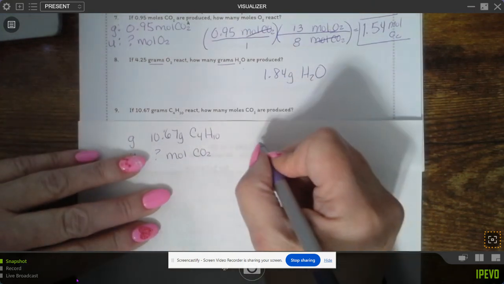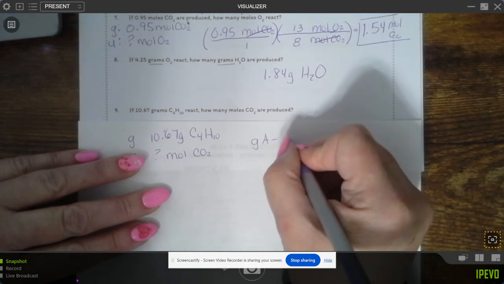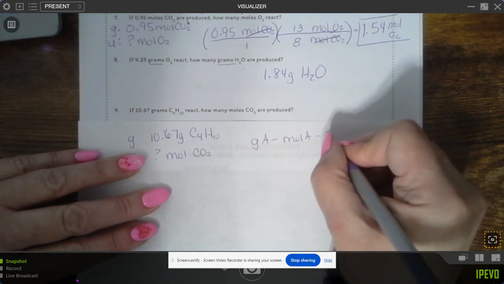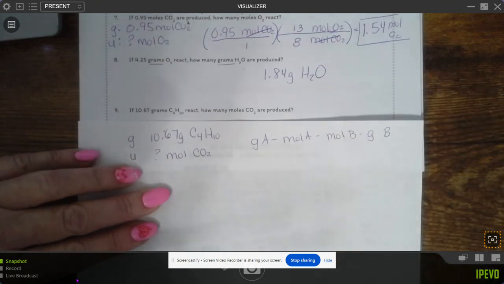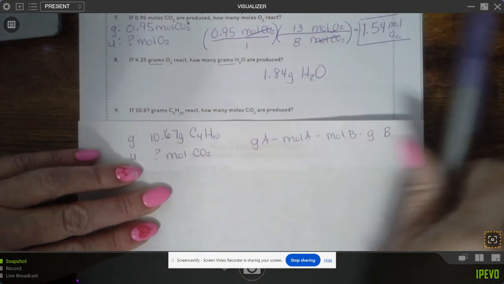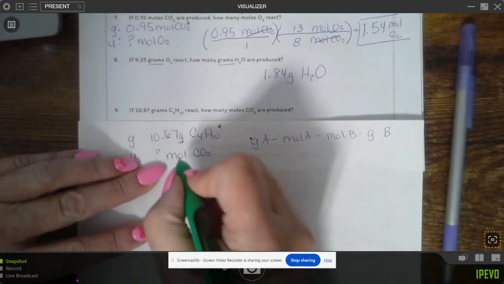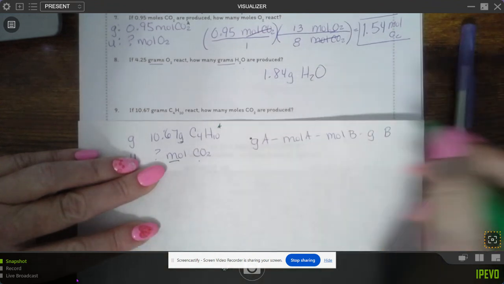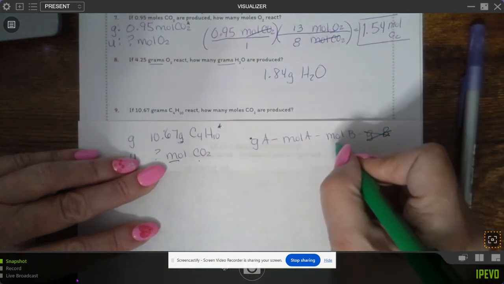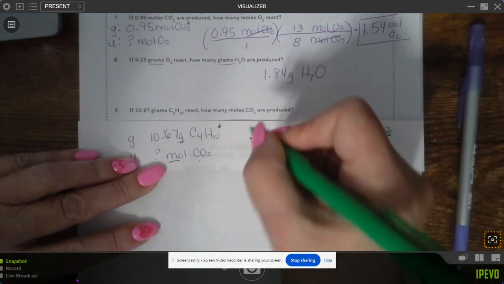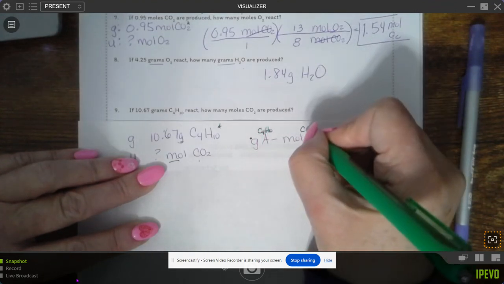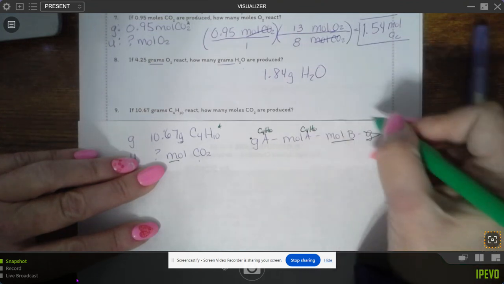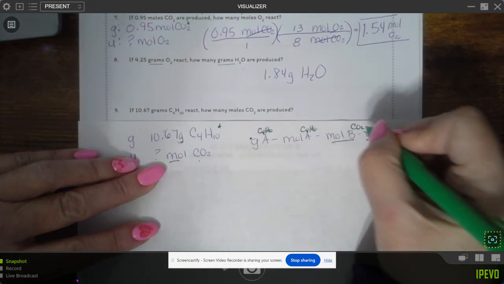All right, if I do my mole map, I've got grams of A, moles of A, moles of B, grams of B. Okay, I'm starting with grams of A. So I'm starting here. I'm ending, though, at moles of CO2. So I don't need to go all the way to grams. I'm going to end at moles of B. All right, so my A is C4H10. And my B is CO2.